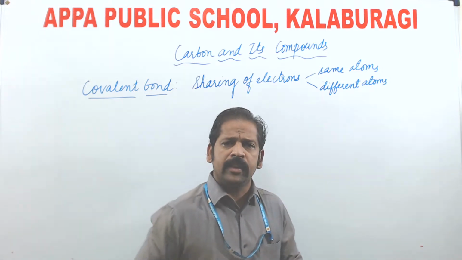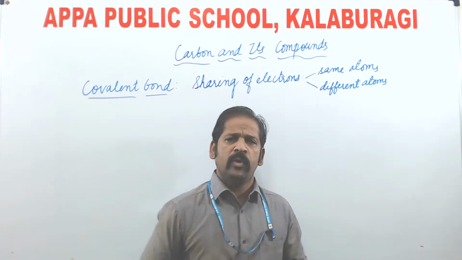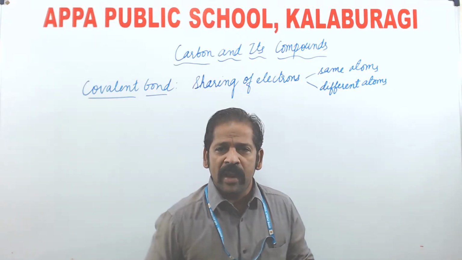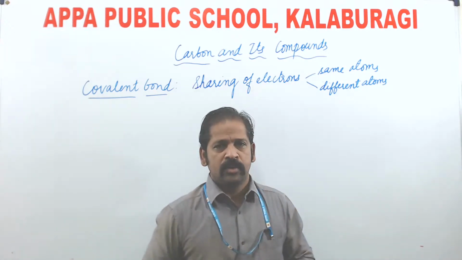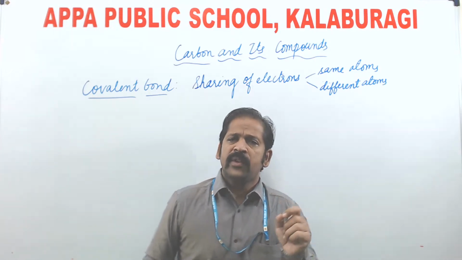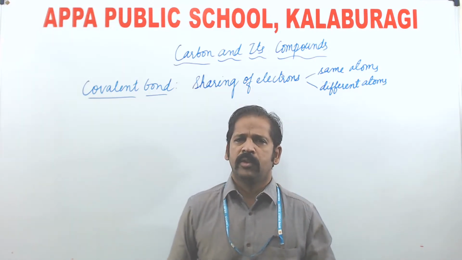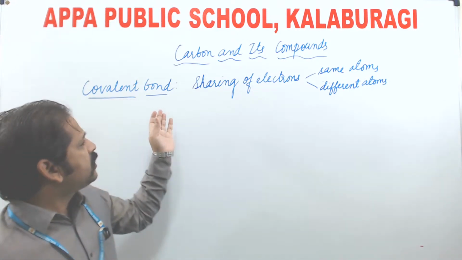Before going to all these sharing of electrons, we'll go for one more topic: the difference between covalent bond and ionic bond, and the difference between covalent compounds and ionic compounds, because I should tell about the bond directly.